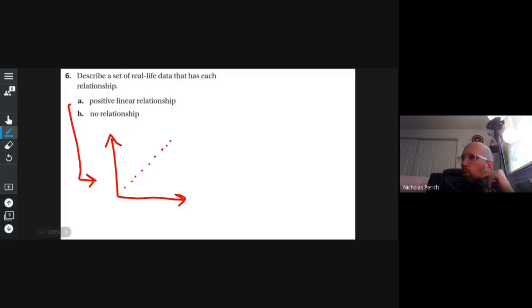So I like food. Let's do more food eaten and calories. We'll just say food. Okay. So a positive relation is food and calories. The more food I eat, the more calories I eat. That's a positive linear relationship.